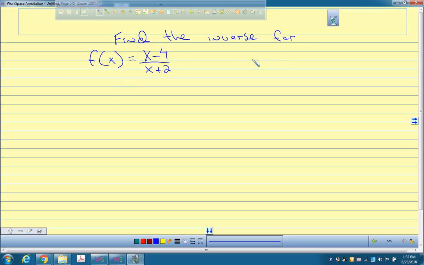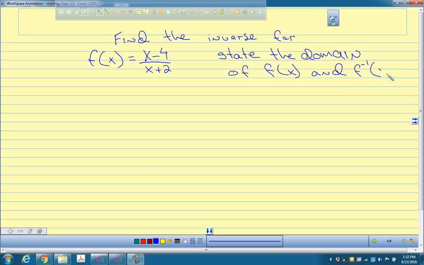And state its domain. You should really state the domain and range of f of x and f inverse of x, or g of x, or whatever you want to call it.